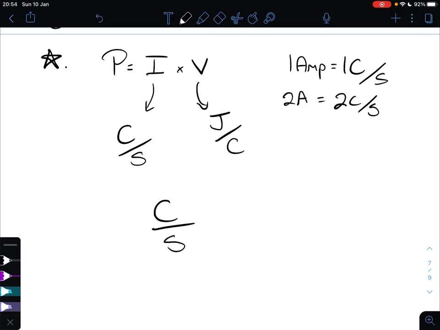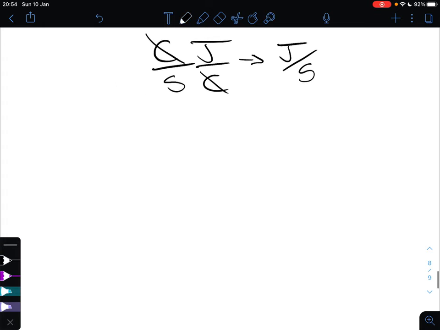C over S, J over C. And look what happens. Cancel, cancel. I end up with J over S, joules per second. So I've proved that this equation is correct by breaking it down into actually what is current and what is voltage.